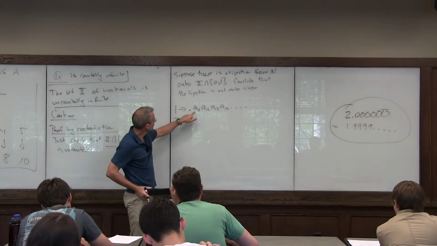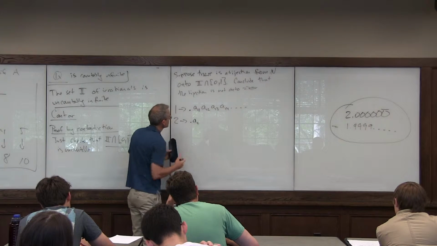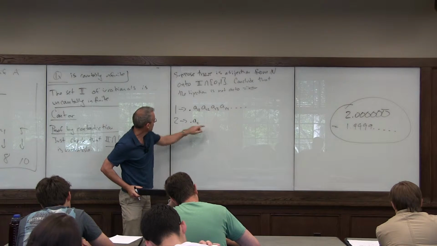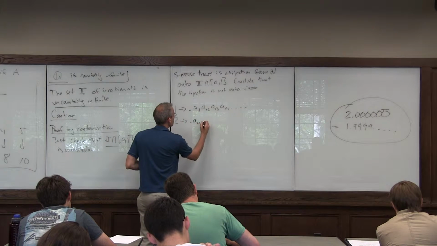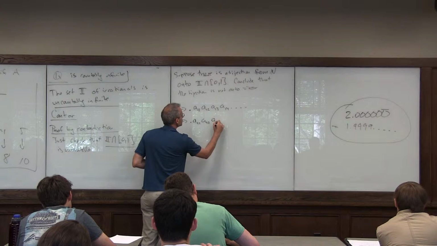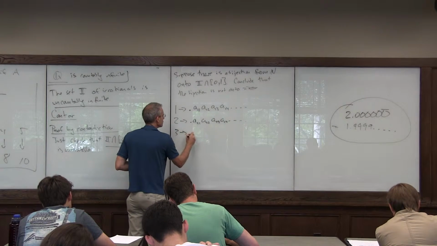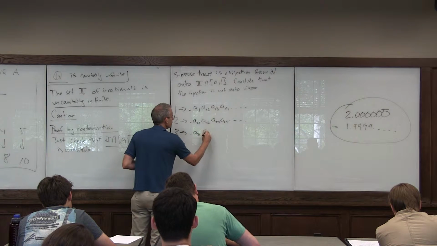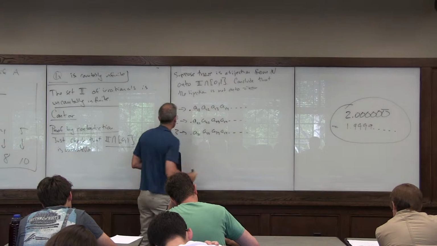So 1 goes to, this is the decimal expansion, and what I'm using the subscripts for is to indicate what natural number I'm coming from. So this is going to be A21, A22, A23, A24. And 3 is going to go to A31, A32, A33, A34.